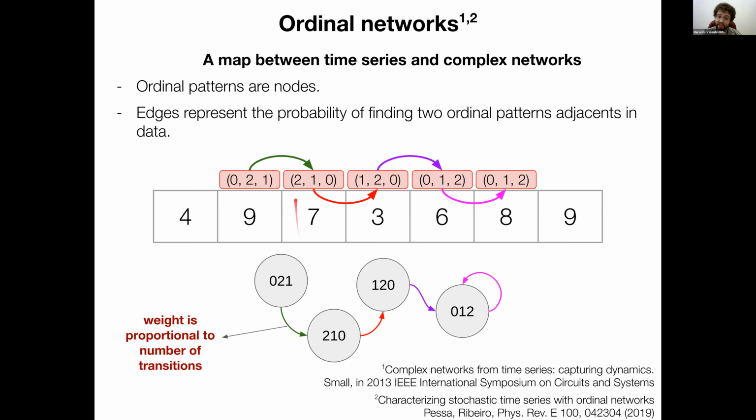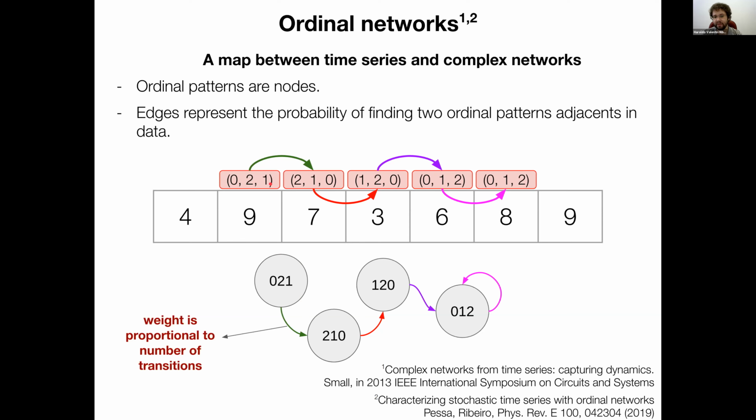In addition to the nodes, we have the connections, which reflect the transitions between ordinal patterns in the symbolic sequence. We see a connection between the permutation 021 and 210 because we have this transition: a transition from 021 to 210 in the symbolic sequence translates into an edge in our ordinal network. If we find another transition of this type, this edge will be weighted twice.